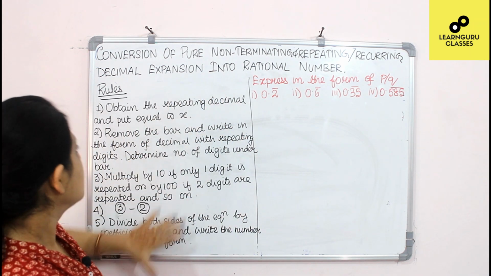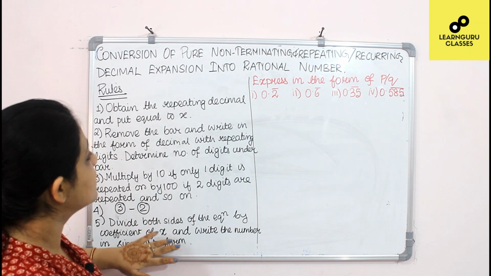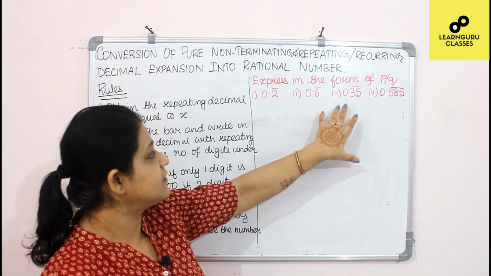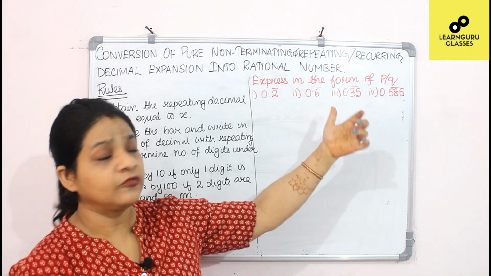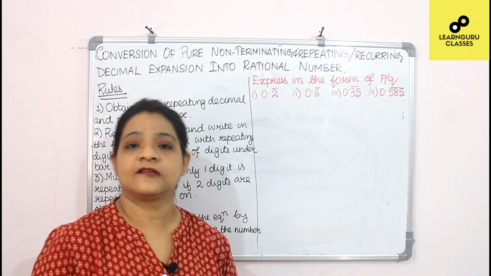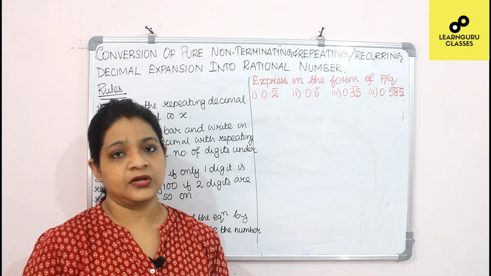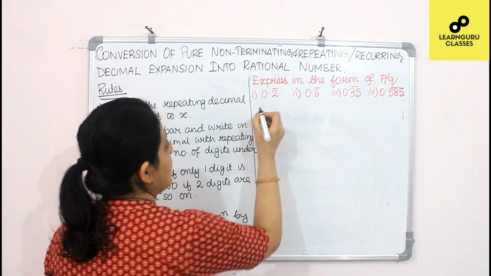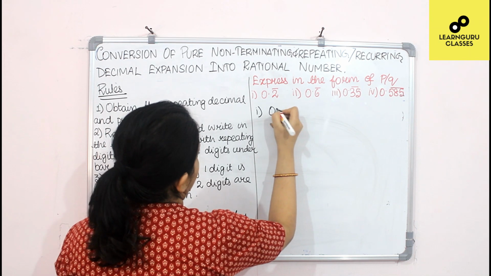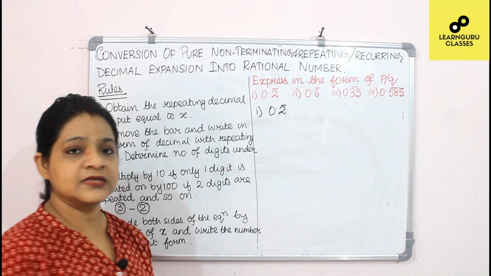On the left hand side the rules are written, and on the right hand side I have taken some examples. Let's take the first sum and follow the steps.